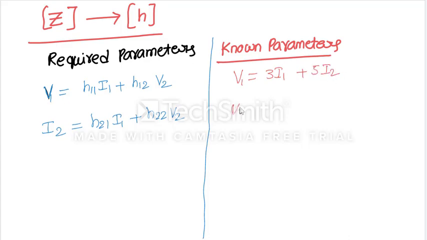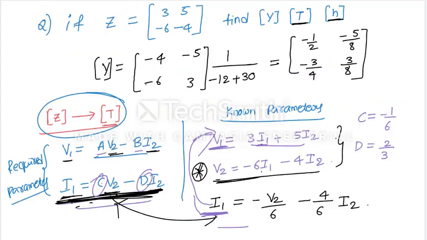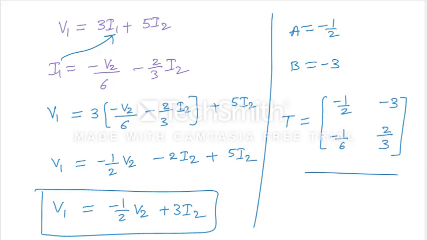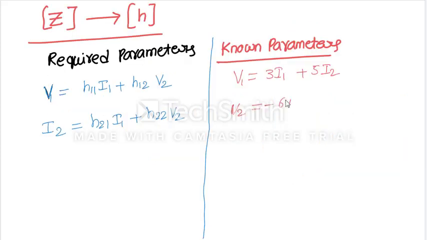Next, V2 is equal to minus 6I1 minus 4I2. These are the known parameters.